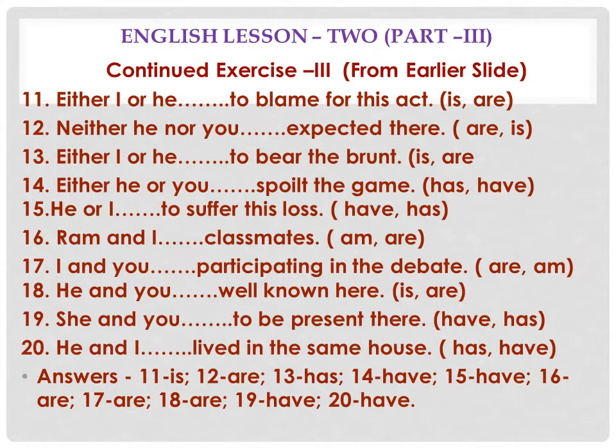Friends, this fifth slide is also a continuation of the earlier slide of exercise 3. So here also 11 to 20, that is 20 sentences, are given along with the verbs applicable for each sentence given in brackets.